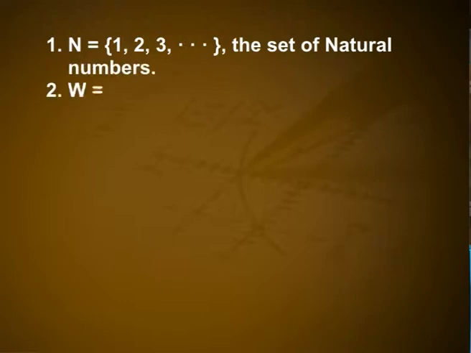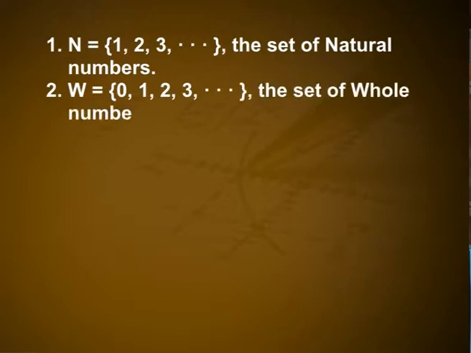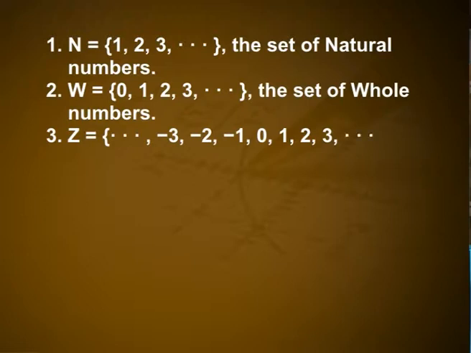In mathematics, the following are certain commonly used sets of numbers. N = {1, 2, 3, ...}, the set of natural numbers. W = {0, 1, 2, 3, ...}, the set of whole numbers. Z = {0, 1, 2, 3, ..., -1, -2, -3, ...}, the set of integers.